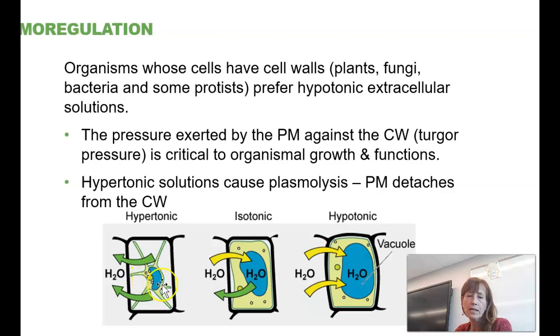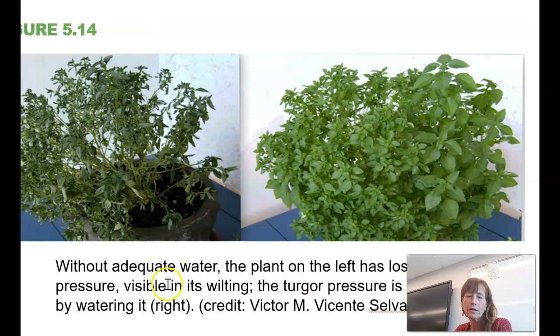When the plasma membrane shrinks in, that's called plasmolysis, and that's what you can see here. Without adequate water, your plant wilts. When your plant is wilted, it just means that the pressure on the inside of those cells is not sufficient. And so in order to fix that, we need to water the plant.